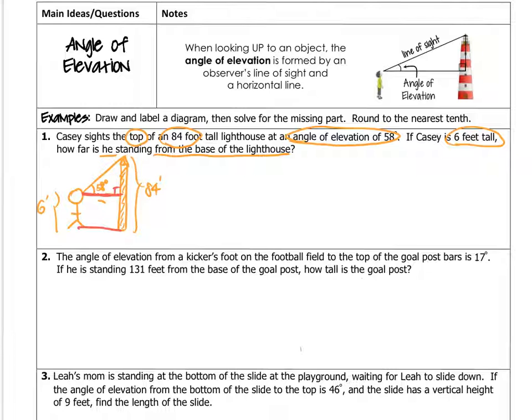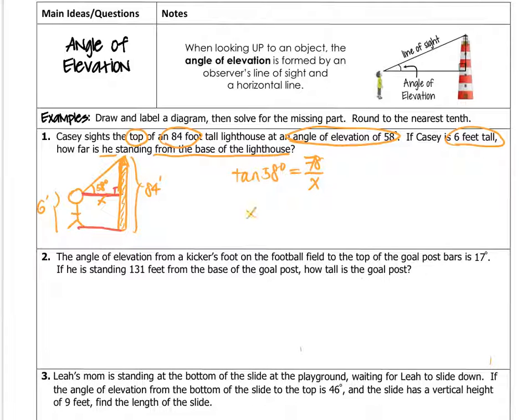So if we let that distance equal x and use trigonometry, because I have one leg here, right? I have an angle opposite of it, and I want to know the other adjacent leg, so it's tangent of 58 degrees equals opposite, which is 78, that's 84 minus 6, over the adjacent leg, x.